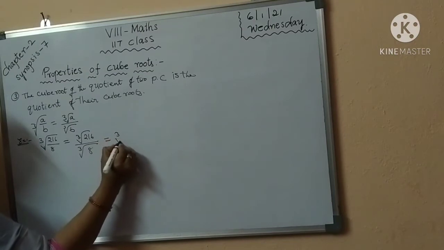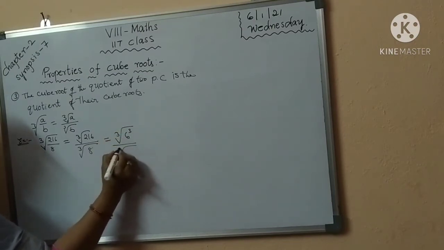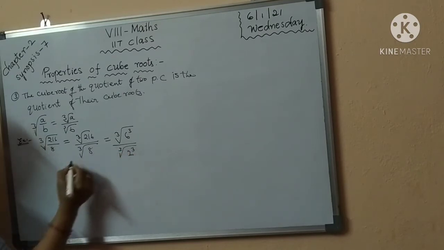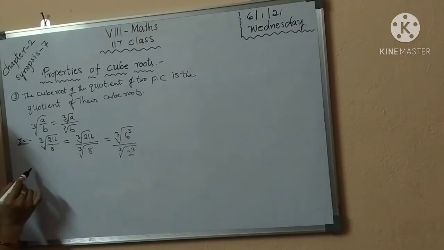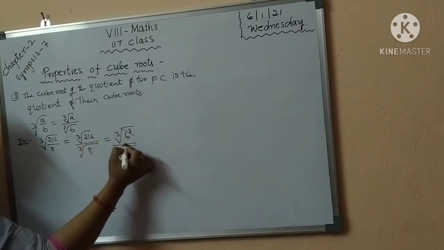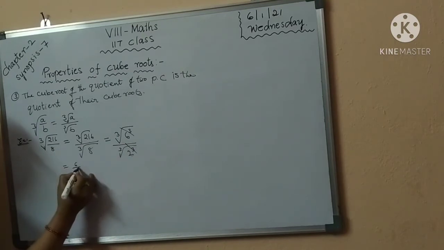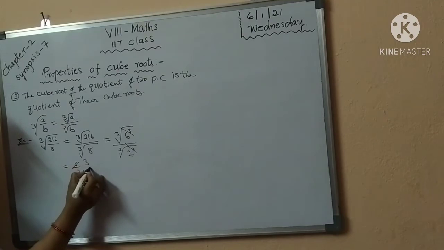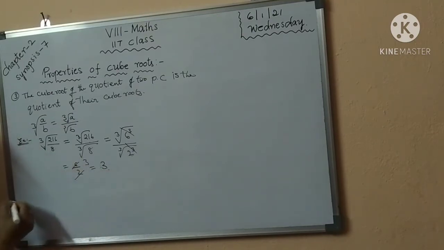So write cube root of 6 cube by cube root of 2 cube. 6 cube is 216 and 2 cube is 8. The cube roots cancel, leaving 6 by 2. 2 threes are 6. So the value is 3.